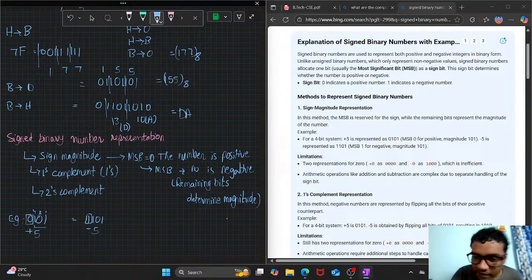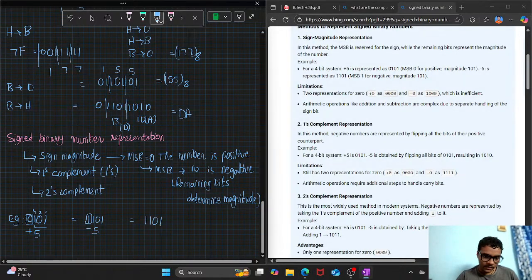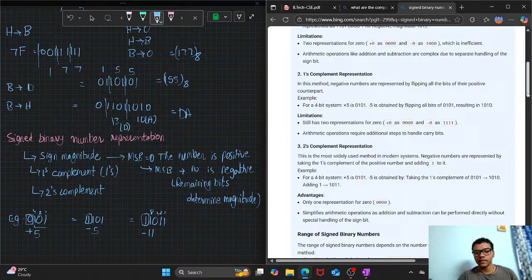So that is negative 5. That's it. So for example, let's say 11011. This is negative, and 1, 2, 4, 8. So 8, 2, 10, and 11. So this is representation of minus 11. That's how you do it.